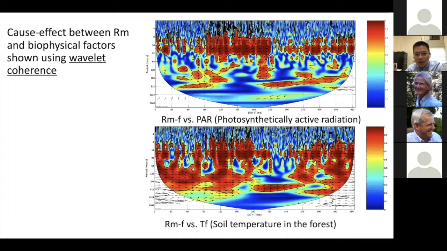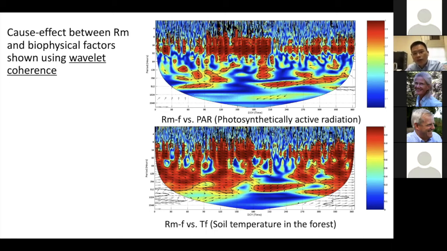The red color with the black contour means high correlation with statistical significance. And the second important thing is that we can find many arrows inside the red color.